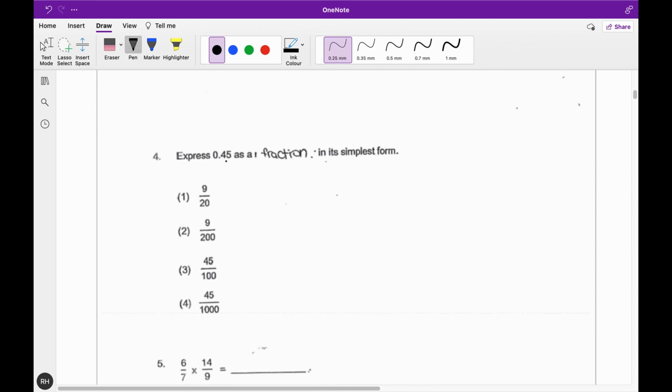Question 4. Express 0.45 as a fraction in its simplest form. So 0.45, this is in the tenths place, and this is the hundredths place. So basically this is the same as 4 out of 10, and this is 5 out of 100.